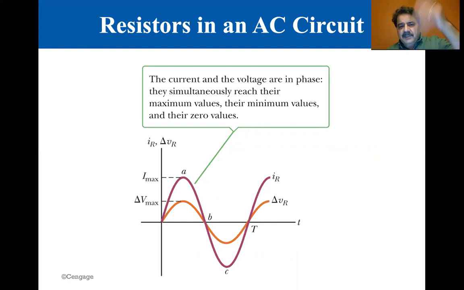If the voltage goes up, the current goes up. If the voltage goes down, the current goes down. There is no lead or lag, and we'll get to understand what that means in a moment. So we're going to use the word that they are in phase. Now, the average value of the current over one cycle is zero.